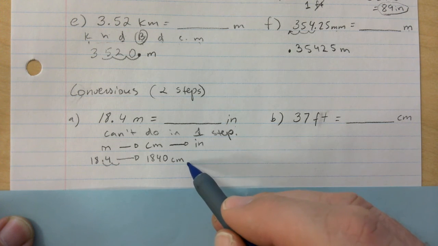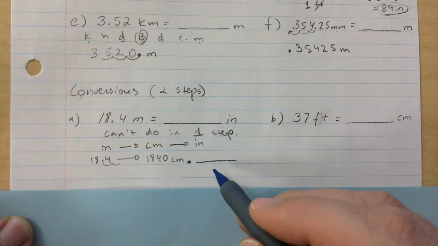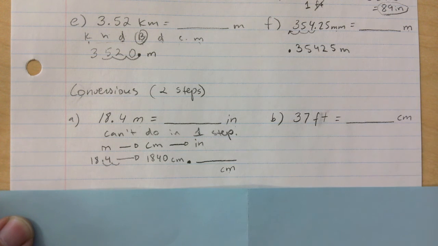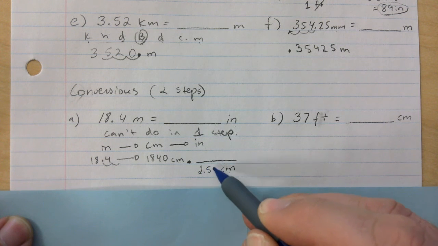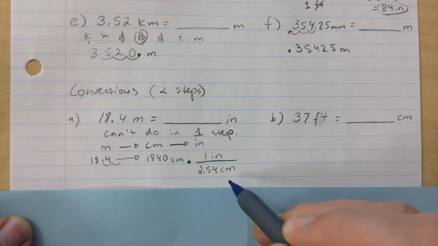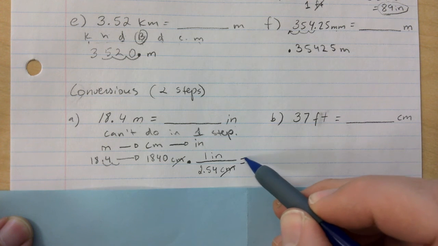And then to convert that to inches, I will do this, right? And you want centimeters here because you want to cancel that out. So as soon as you go into imperial, you're going to have to do this, okay? So it's 2.54 centimeters. And up here you have 1 inch. You cancel out the centimeters, and centimeters is now gone.